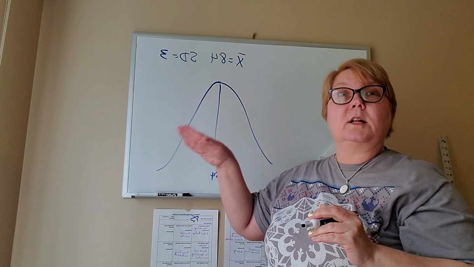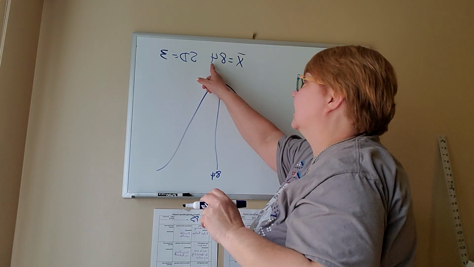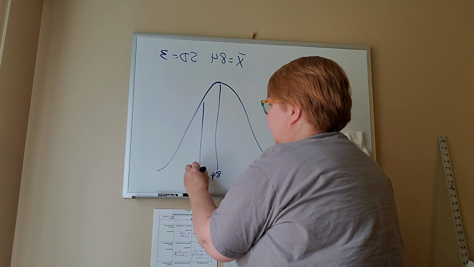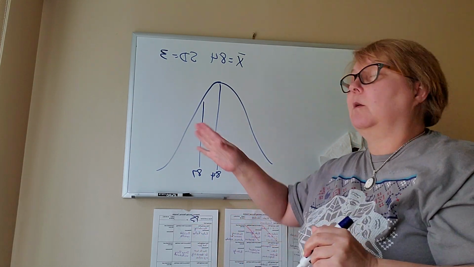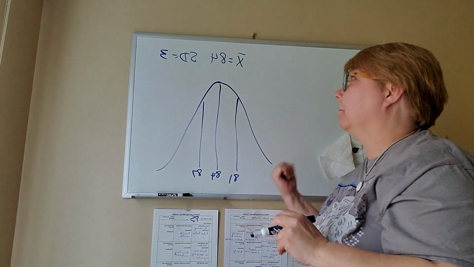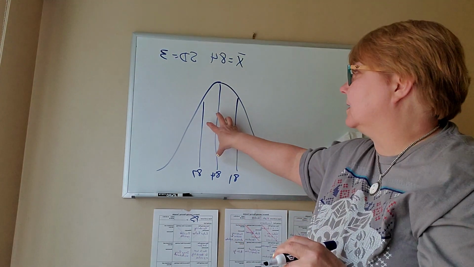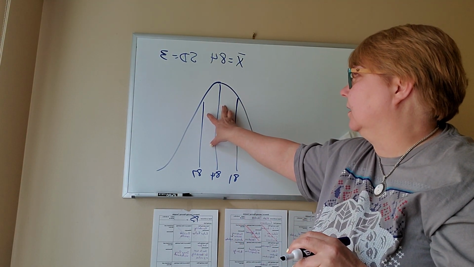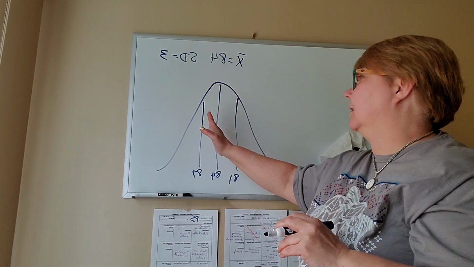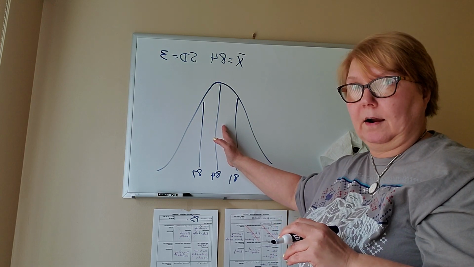If I go one standard deviation up, I take 84 plus 3, which is 87. One standard deviation down is 84 minus 3, which is 81. That means 68% is falling in here, the whole thing. And using symmetry, that means 34 here and 34 there.